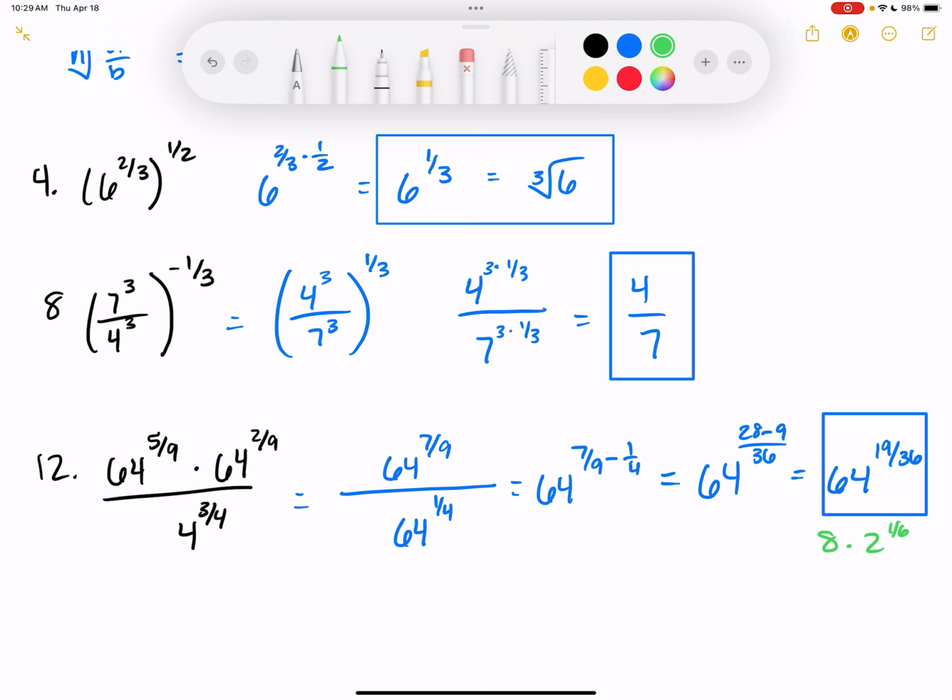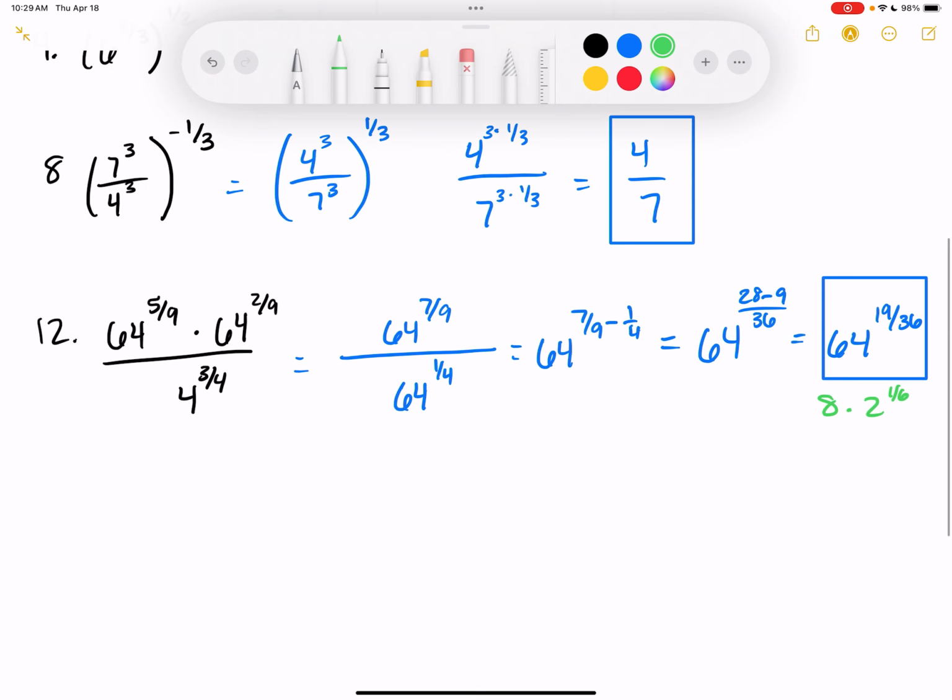Simplify the expression. So these are going to be with radicals now. Number 16, the cube root of 16 times the cube root of 4. Since these have the same root on them, I can multiply what's inside of them and have them all under the one cube root.